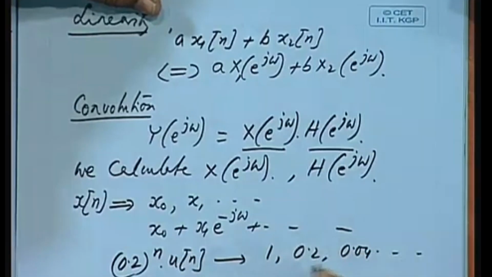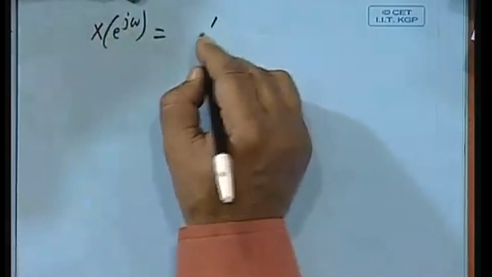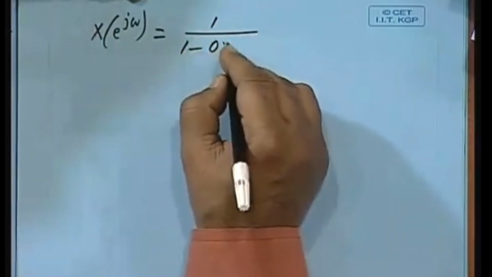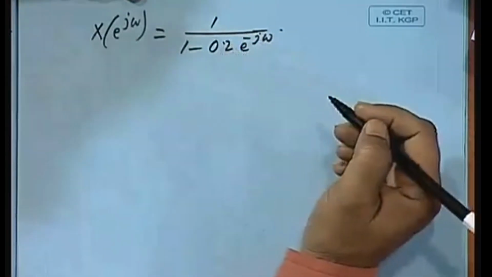Since it is a convergent series, you will get the solution very identical to the Z transform. X e to the power j omega will be 1 by 1 minus 0.2 e to the power minus j omega. All right.